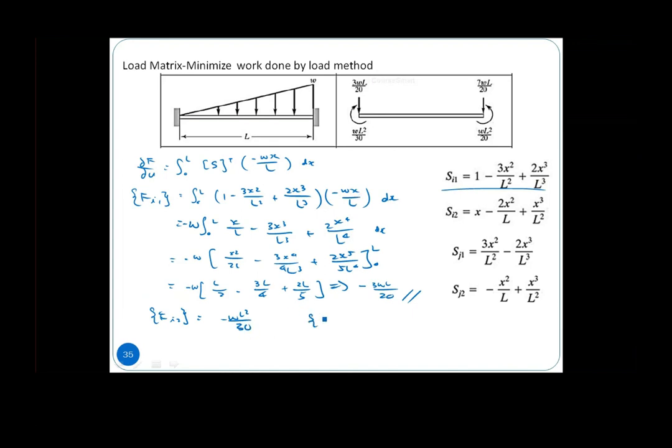Then if you are doing Fj1, multiplying with these shape functions, you will also get equal to 7WL over 20. For Fj2, you will have a positive number, WL squared over 20. Okay, so that gives us the result when you use the minimize work done by load method.